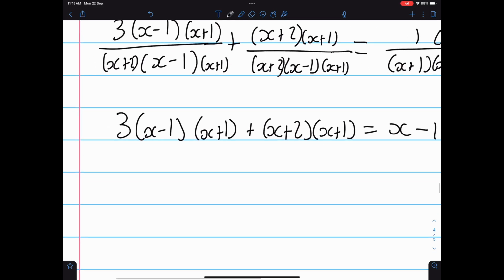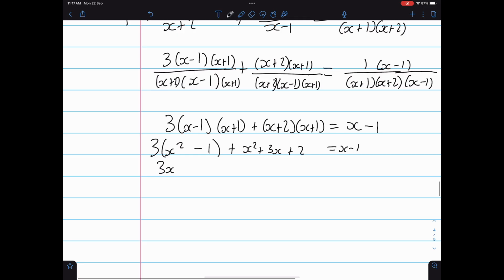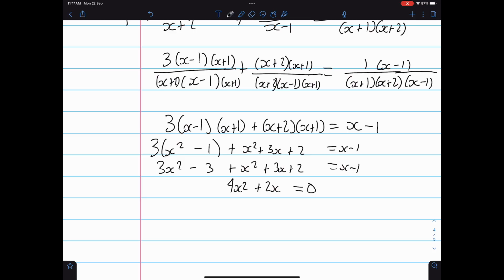And now we can expand this. Now this is the reverse difference of two squares, so it's just like that. And then we have x squared plus 3x plus 2 plus x minus 1. And so this is 3x squared minus 3 plus x squared plus 3x plus 2 equals x minus 1. That's 4x squared plus 2x, and I think that happens to simply be equal to 0.